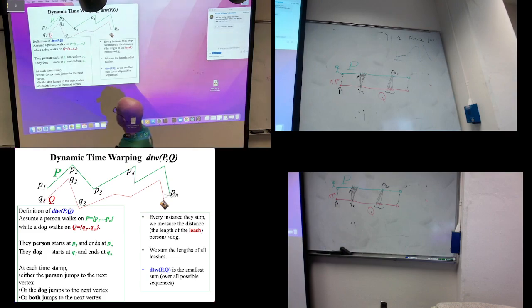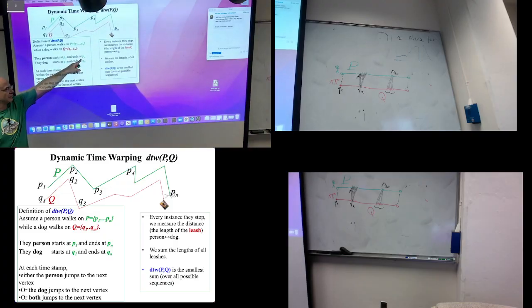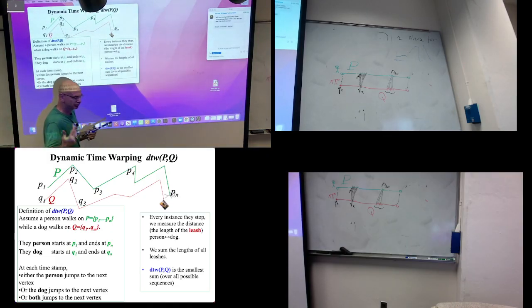So what is the rule of the game? The person starts at p1 and will end the trip at pn. The dog starts at q1, the first vertex of Q, and will end at qn, the last vertex of Q. Now, we are thinking about a discrete set of events. It's not a continuous motion, it's a set of steps.